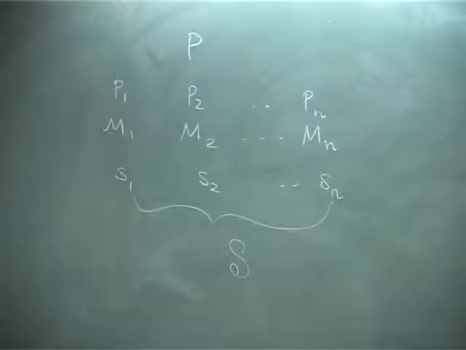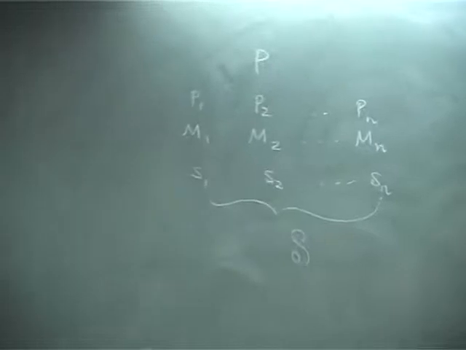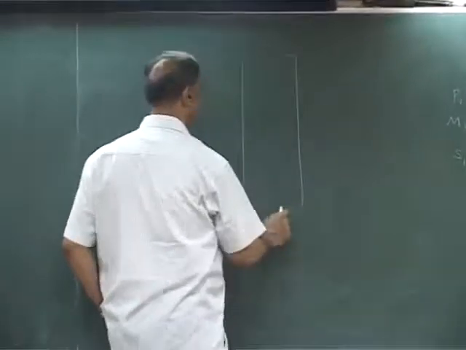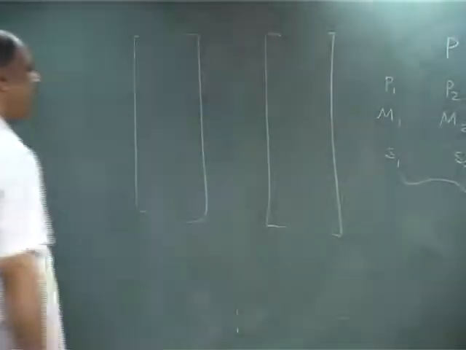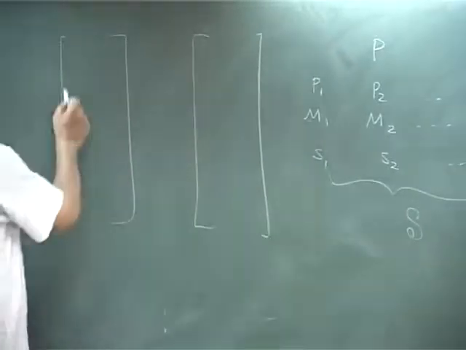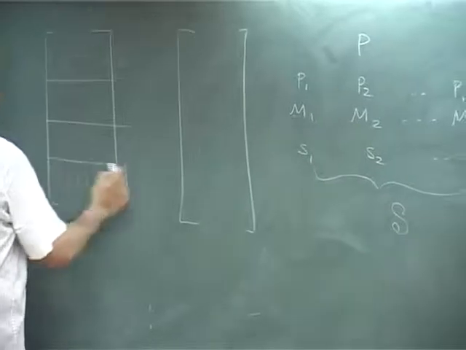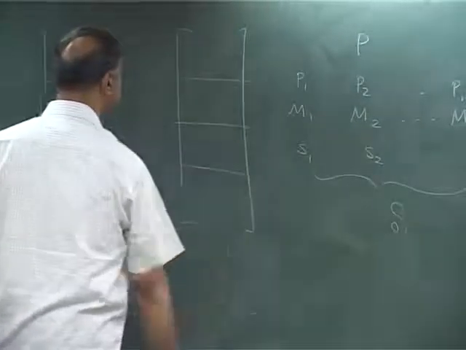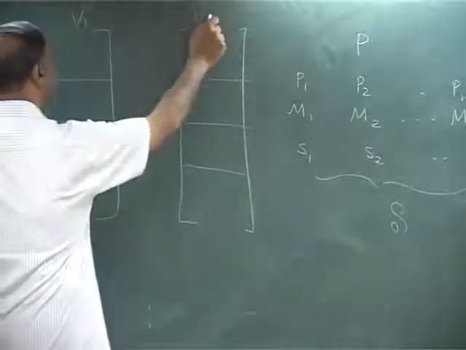Say, for example, if I have to do a two-vector addition, say I have two vectors and I want to add them. There are n machines. What I can do is divide this vector into n equal parts, and we call them V1 and V2.